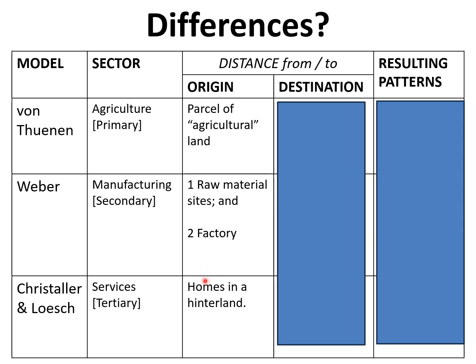And then for Christaller and Lusch's central place theory, the origin is basically where do people come from when they're going to go, the people that want to buy milk or that need brain surgery. They have homes in some kind of hinterland.